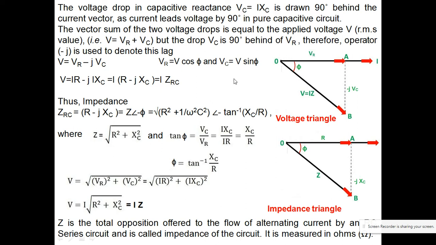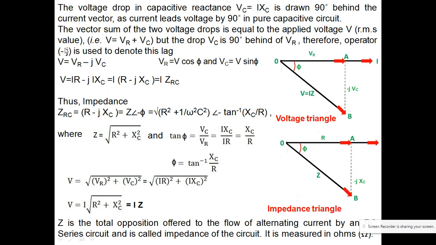Now in the voltage triangle, we have VR and VC, but you see the voltage is behind the current by 90 degrees. So we have to use the operator j.